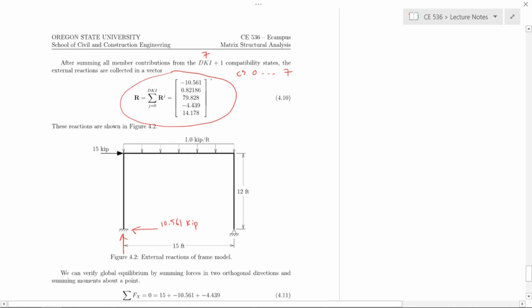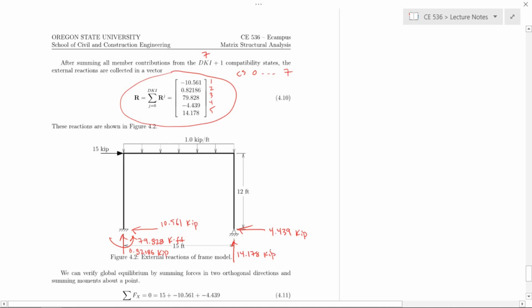And then for 2, right, this is 1, 2, 3, 4, 5, positive 0.82186 Kips. And then the moment reaction is positive 79.828 Kip feet, all right? And then negative 4.439, which just means pointing to the left in the opposite direction of what we assume was positive, and then positive 14.178 Kips.